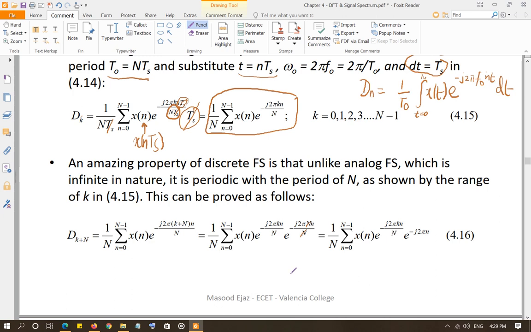What is e to the power j2 pi n? Hold on, this is the negative, yeah, that's a negative value, so it looks like it's positive, but that's a negative value. So both are negative values, remember. Anyways, what is e to the power negative j2 pi n? Remember, Euler's identity, cosine 2 pi n minus j sine 2 pi n.